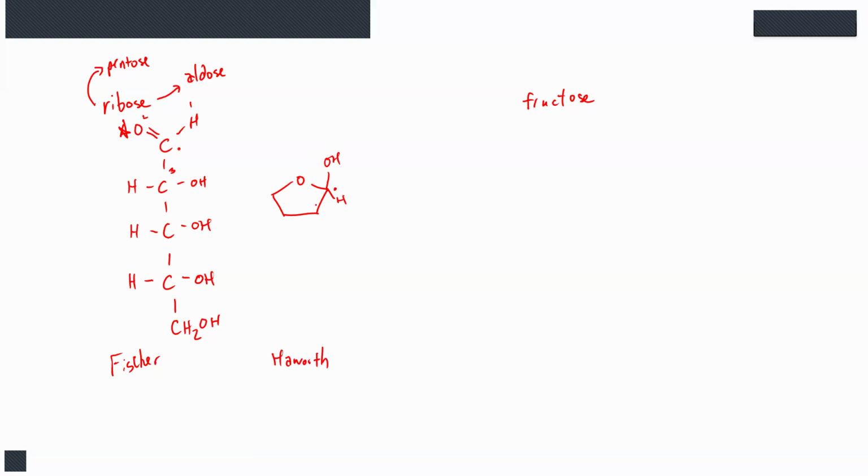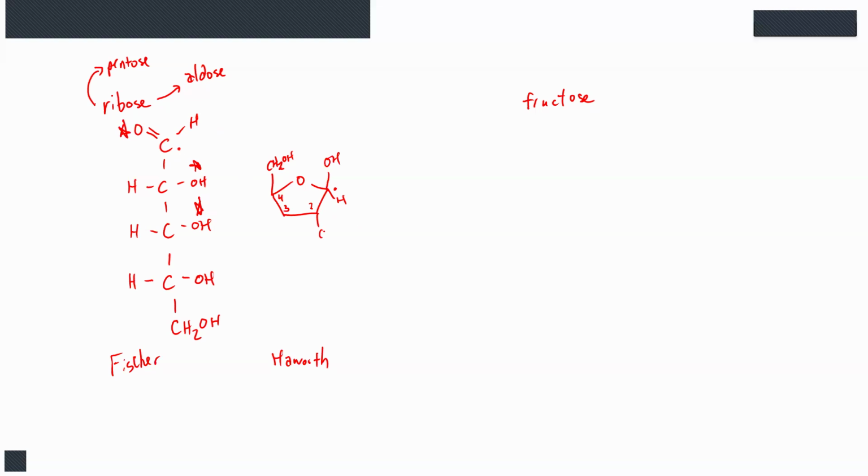Now, carbon number two, I'm going to number it, three, four, and last but not least is CH2OH, five. Carbon number two, I need to account for that. I'm going to erase some of my other markings. Carbon number two, where is my OH group? Well, it's on the right-hand side of my linear form. Carbon number three has a hydroxyl group on the right-hand side.